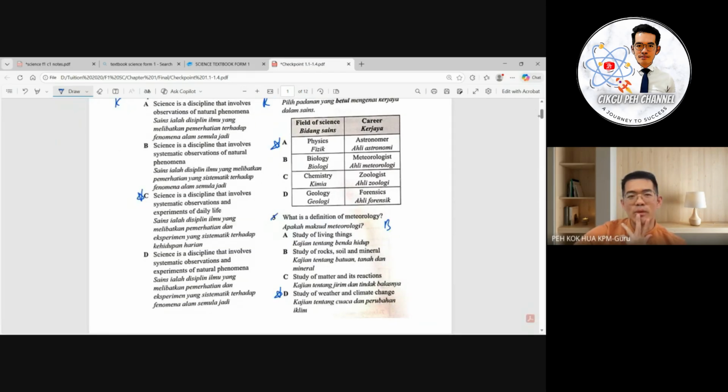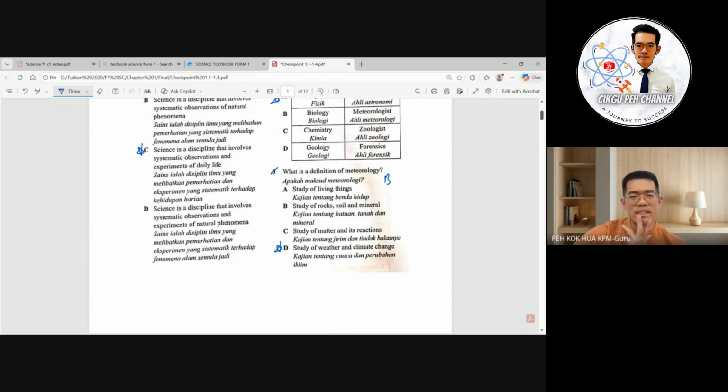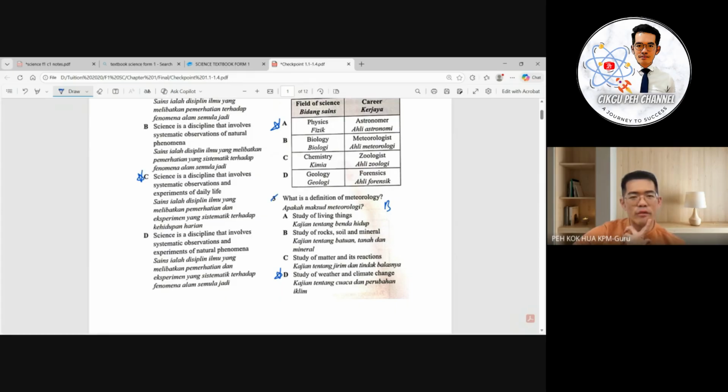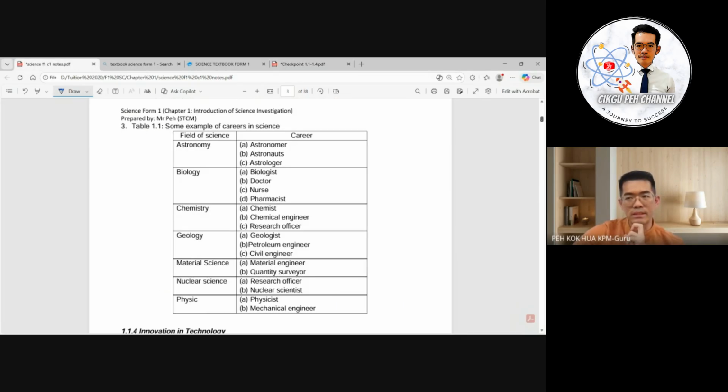D, right? Yes, Roy gives D. D actually is C. Science is a discipline involving systematic observation and experiment in our daily life. It's not wrong. However, the more accurate one is related to natural phenomenon. Catherine, the answer should be D. Science is a discipline that involves systematic observation and experiment of natural phenomenon. You can refer to your notes, page number 1, sentence number 1.